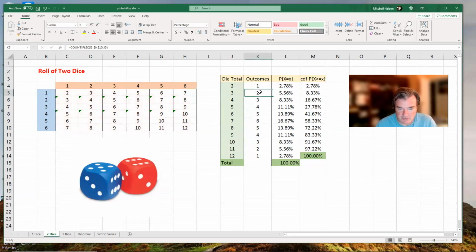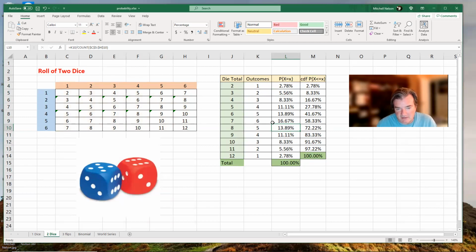So it's this number 2 divided by count how many of these 36 boxes are not blank. 36 of them, of course. Okay, and then same thing for all of these. So again, this formula just now copies down through here. So here's the probability of getting any particular number.